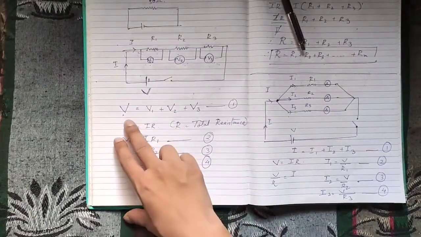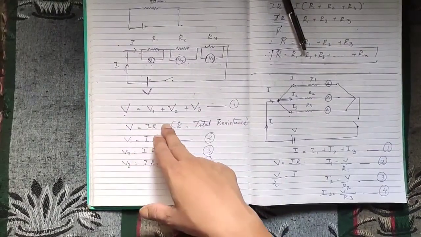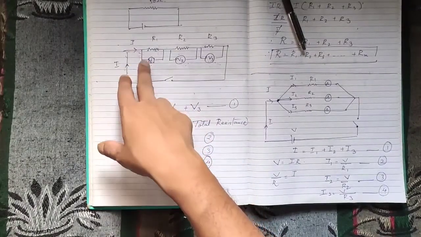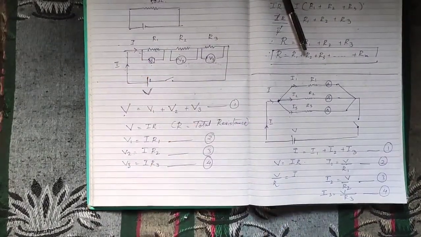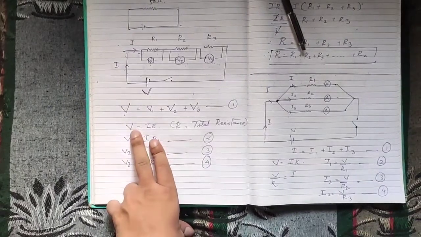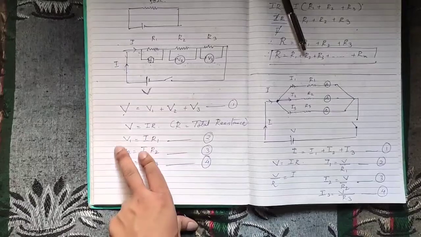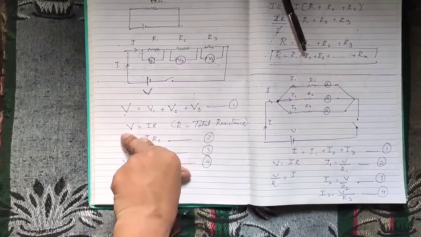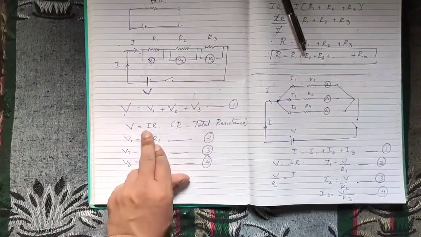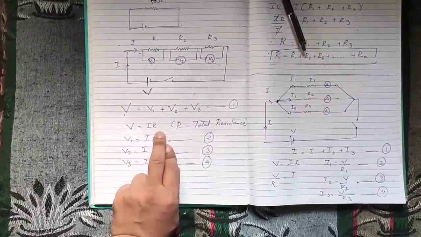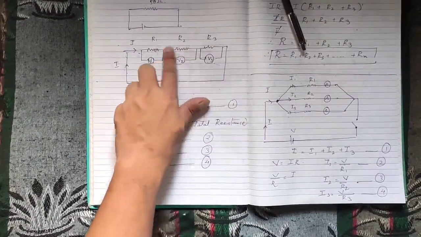So potential difference V is equal to V1 plus V2 plus V3, that is the potential difference across R1, R2 and R3. We simply apply Ohm's law, that is V is equal to IR, where R is the total resistance. So the total potential difference is equal to the total current flowing through the circuit times R, the total resistance of all the three connected resistances.